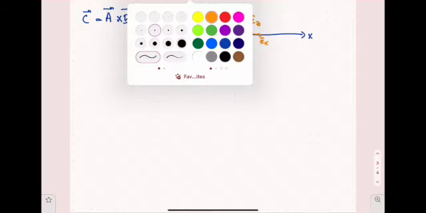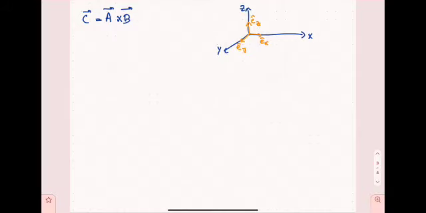Now we have to sketch our two vectors, A and B. They can be anything, but let's say this is my A, and this is my B vector.